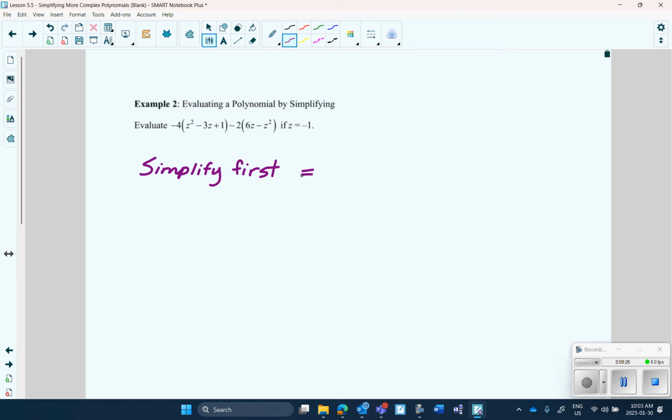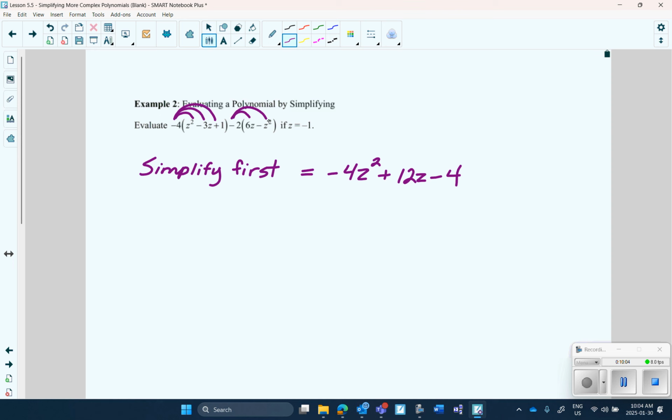So the first set of parentheses, I have to multiply everything inside by -4. What will I get? -4z squared plus 12z minus 4. Good. Then I have to take out the next set by multiplying everything by -2.